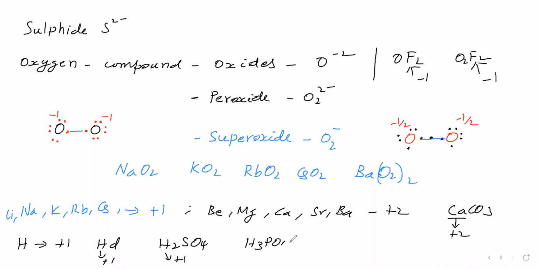H3PO4, here hydrogen is +1. CH4, hydrogen is +1. So hydrogen in its compounds exhibits a +1 oxidation number. Here an exception is there. What is the exception?